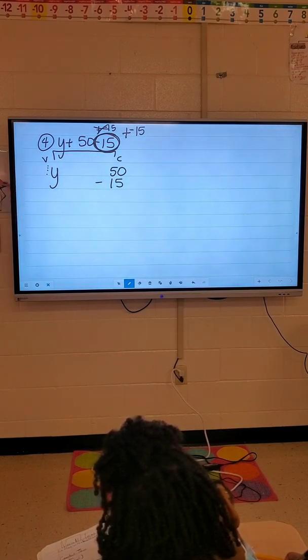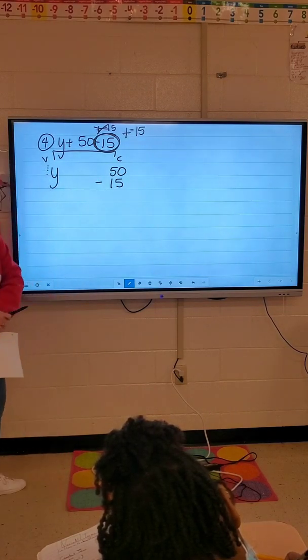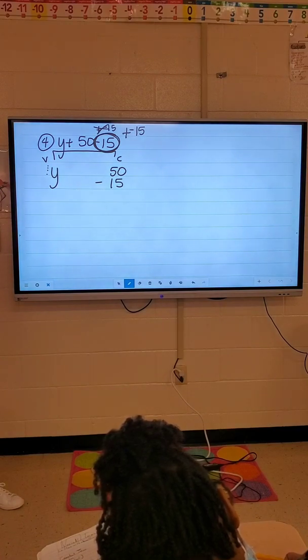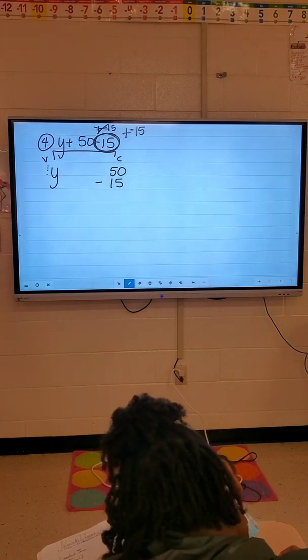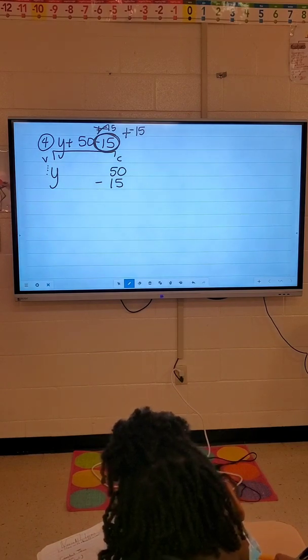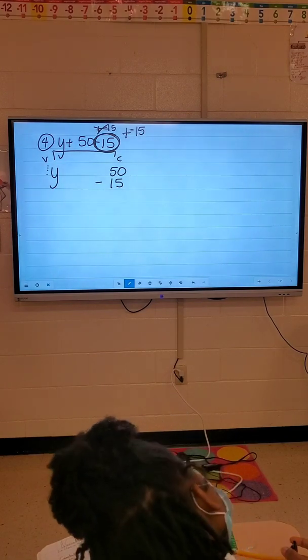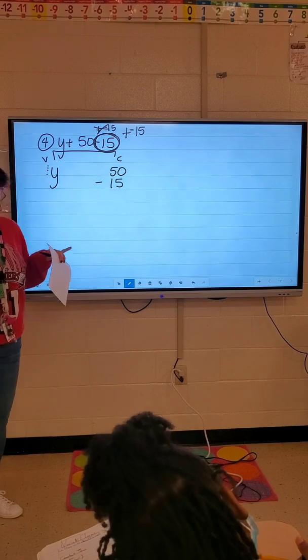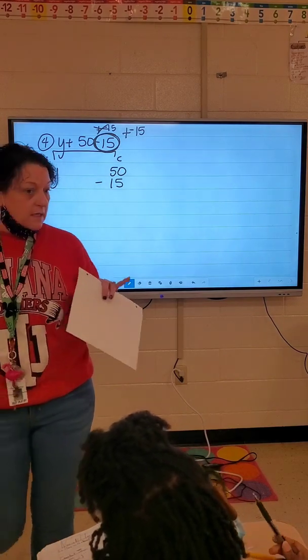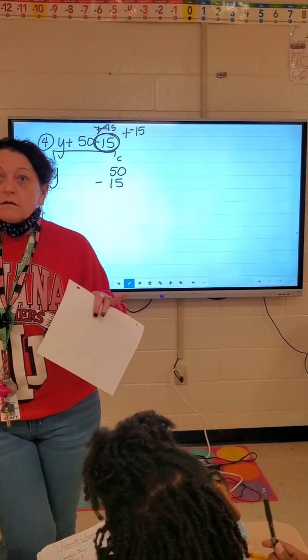Why would you waste the time rewriting that when you can just include that minus sign sitting out there and say, I know that minus sign is going to make that 15 a negative. I don't want to have to do that step again. So, let's just call it a negative 15 and be done with it. Okay?